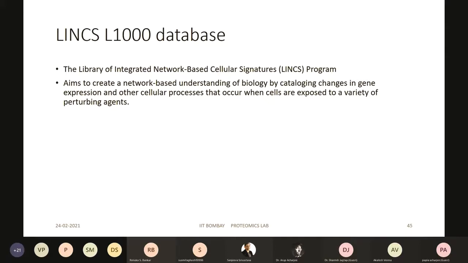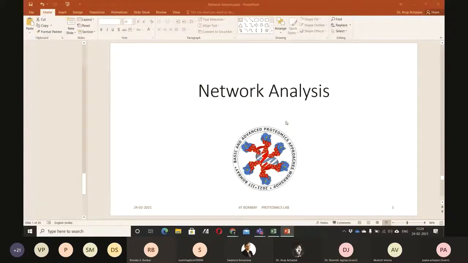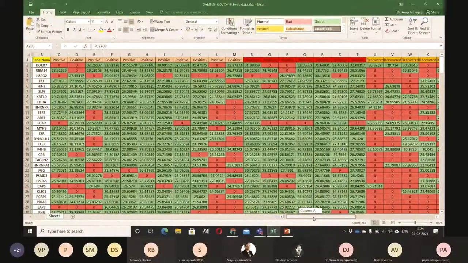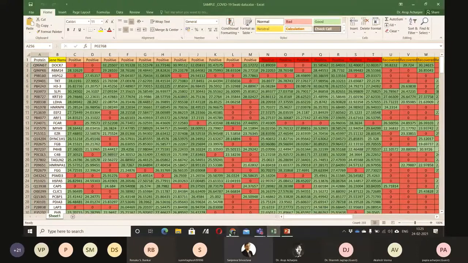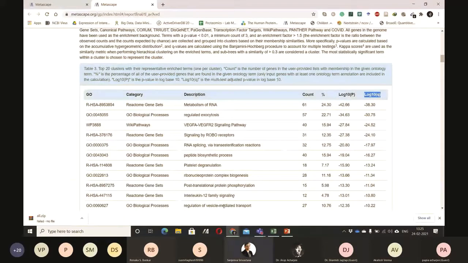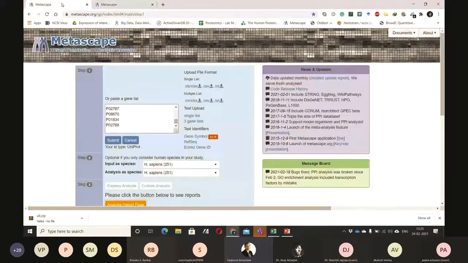Now we will just jump into a Metascape analysis, if all of you have the files with you. I think you should check your WhatsApp and email. Can you also place the link here in the chat box, if it is a Google Drive link? That will be actually easier for everybody to access, in case people have missed out.